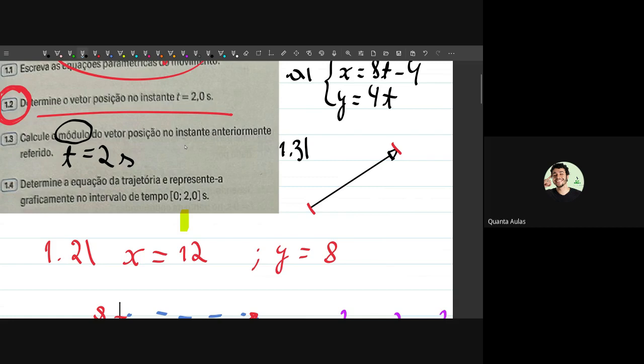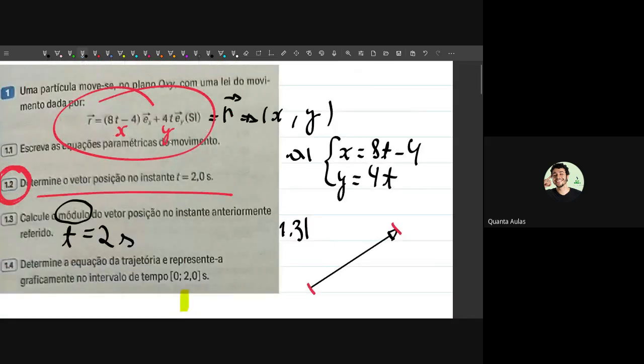Let me see the next one. Determine the equation of the path and draw it graphically in the time interval 0 to 2. Okay, so you need to do the graph of this situation. But this situation has a problem because you have a two-dimensional movement.